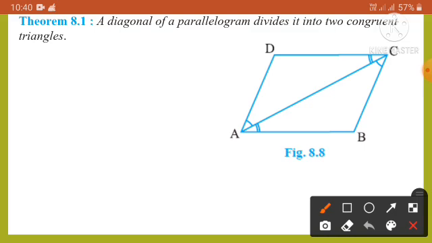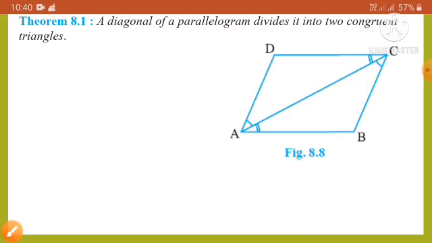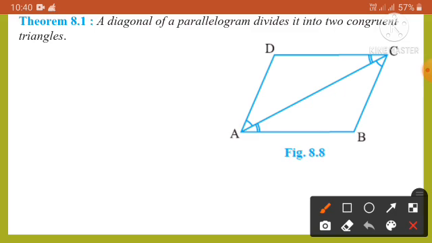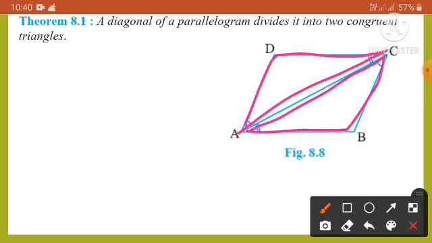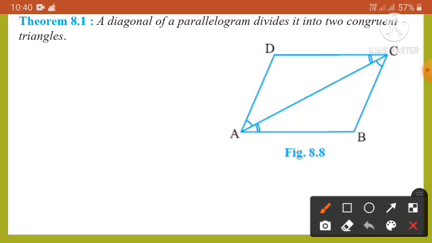Here it is given that ABCD is a parallelogram with AC as its diagonal. So here we have to prove that triangle ABC is congruent to triangle ADC. So now start to prove.